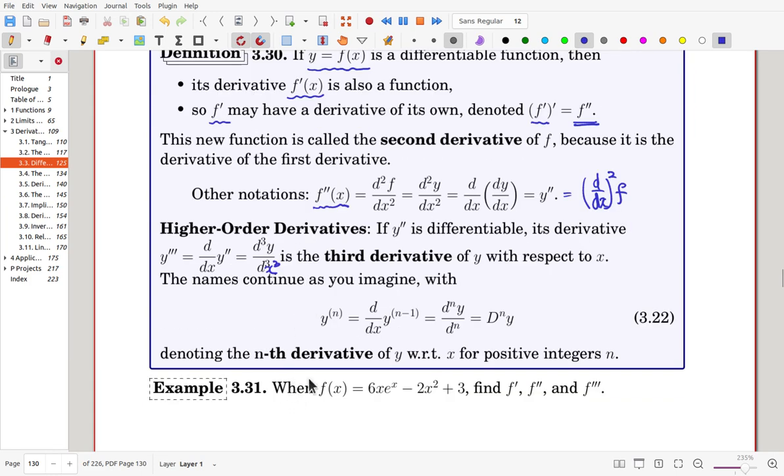Okay. So here, again, x is missing, and there's n. In general, for integer power n, the nth derivative, we usually put inside parentheses.